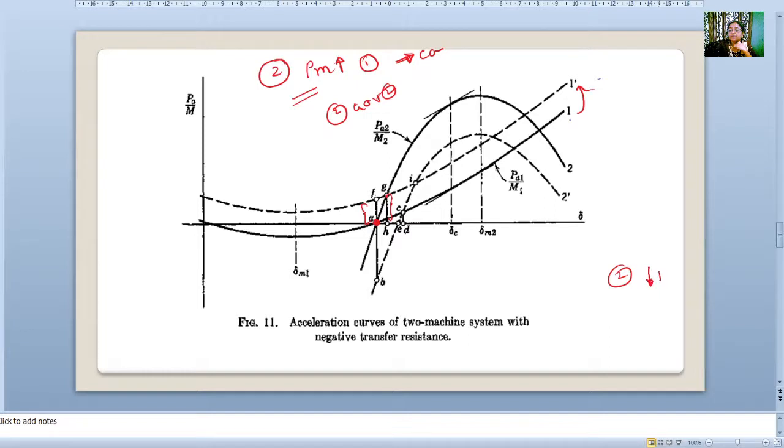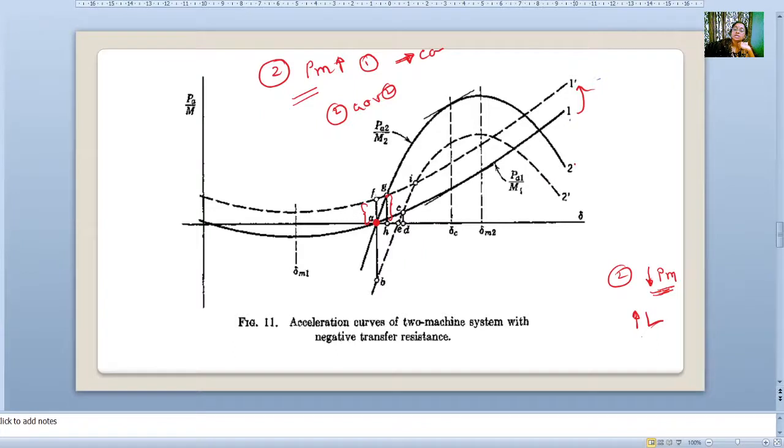We want to decrease the mechanical input of machine 2, because here acceleration is increasing. Now decreasing mechanical input of machine 2 is equivalent to increasing the load.